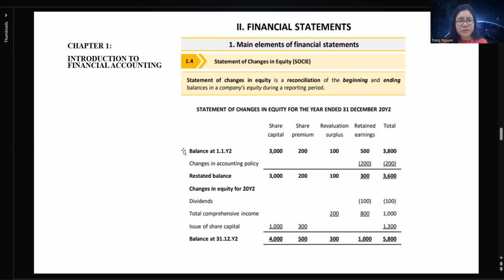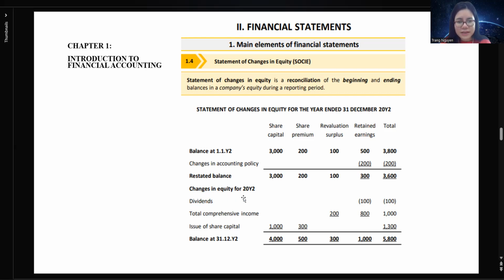The first thing is the balance at the beginning of the year, the beginning of year 2. Then we will add some changes in accounting policy if incurred, and then we get the restated balance.